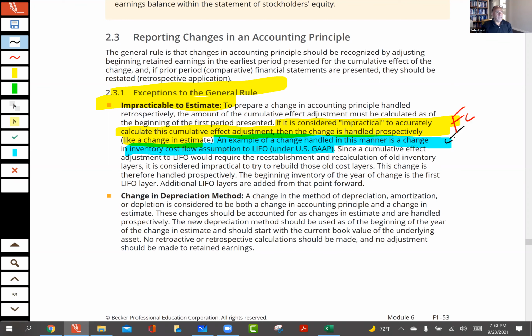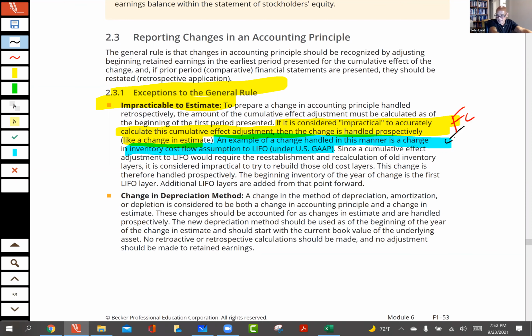Because think about it. If I change my inventory method from any other assumption to LIFO, what am I saying to you? I'm saying that the stuff that was first in, first out is actually still here. So I've been accounting for this stuff as though it's cost of goods sold all these years.